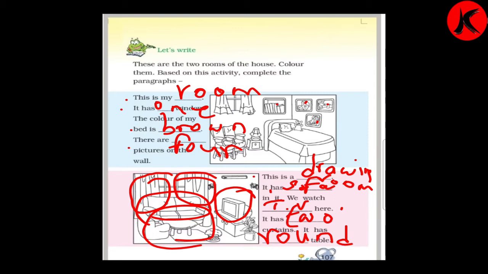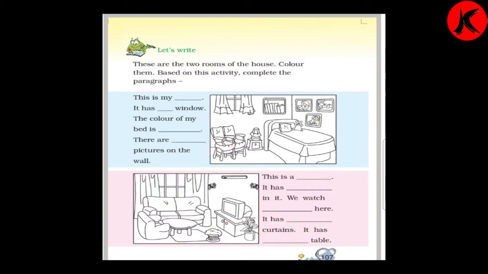We watch TV here. It has 2 curtains. It has round table. So dear children, you have to fill up these blanks also, and then you have to color this picture very beautifully with different pretty colors.